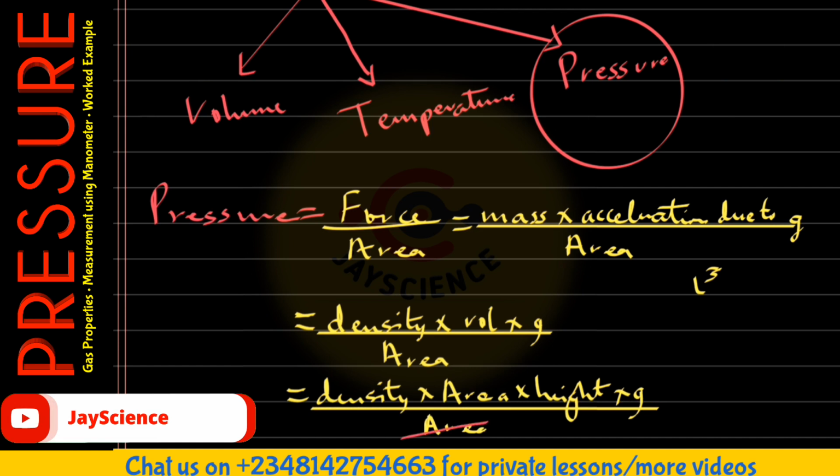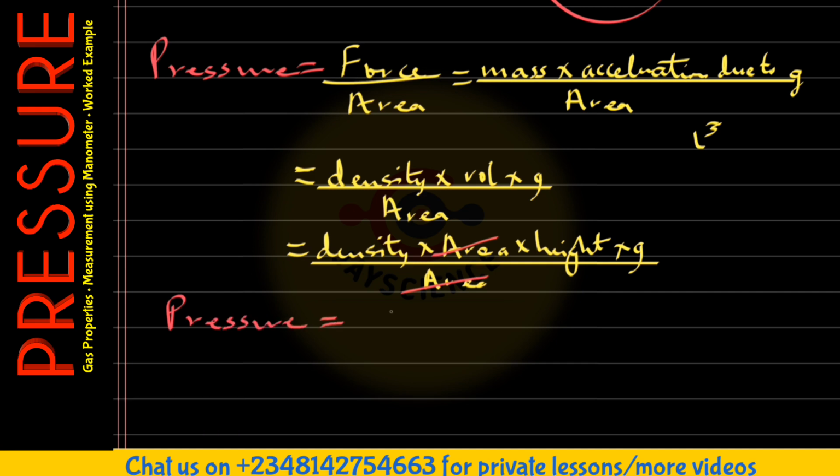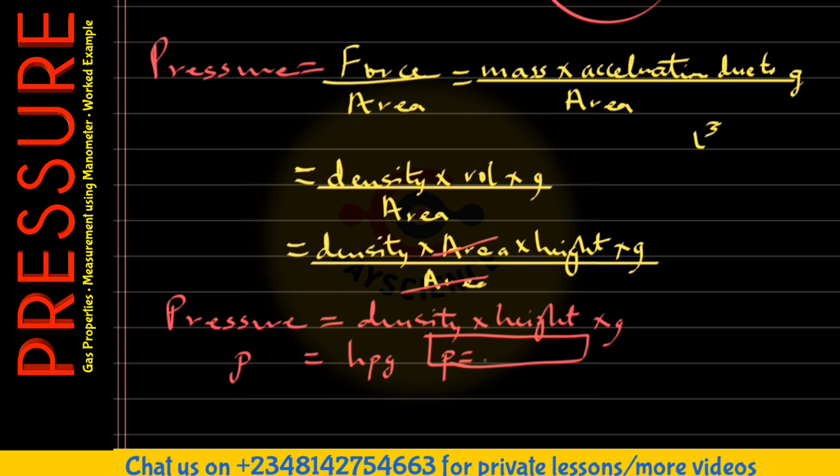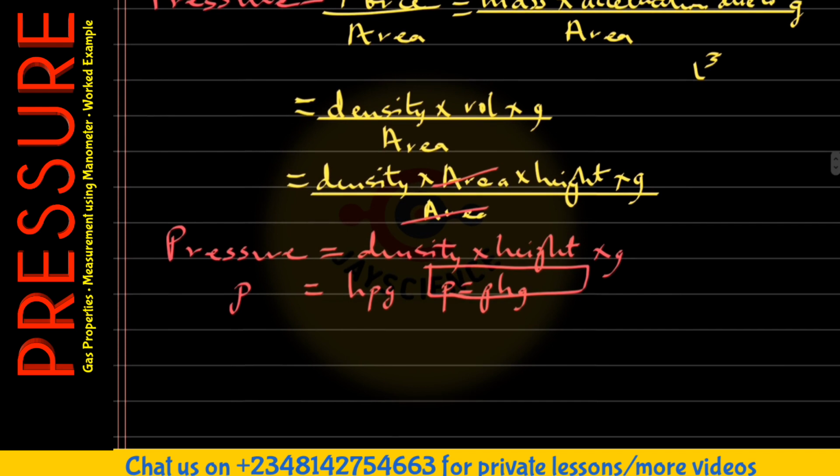So when you cancel area, what you will be left with is pressure equals density times height times g. In some cases you might have P equals density times height times g, and that's the formula for pressure.